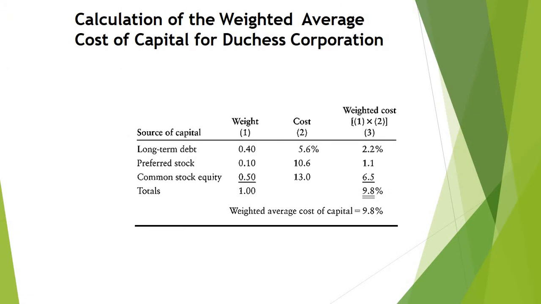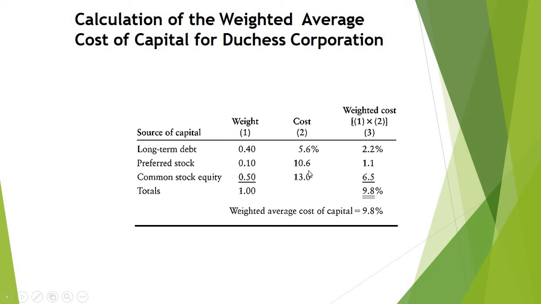This is the calculation of weighted average cost of capital for Duchess Corporation. We have already calculated this. The firm's weight of long-term debt is 40% and after-tax cost of debt is 5.6%, so the weighted cost is 2.2%. The firm's weight for preferred stock is 10% or 0.10.